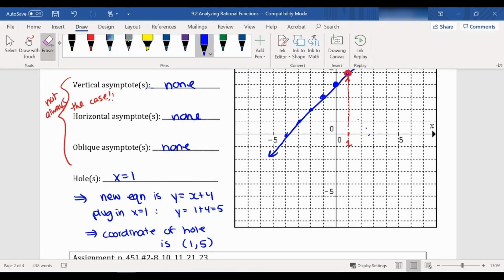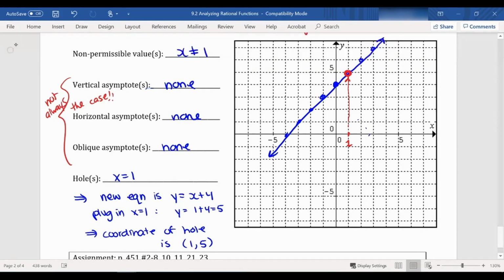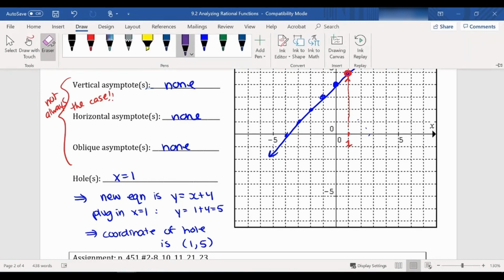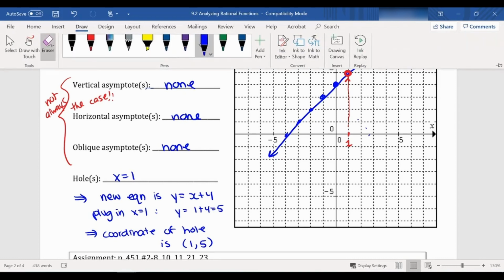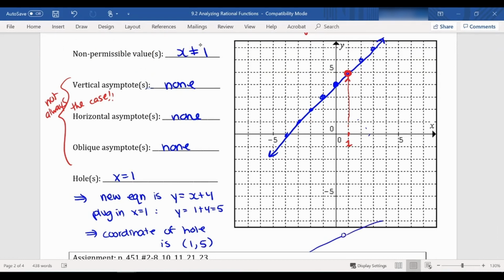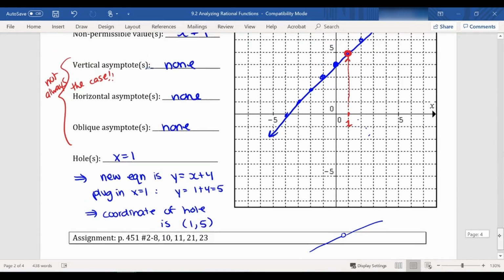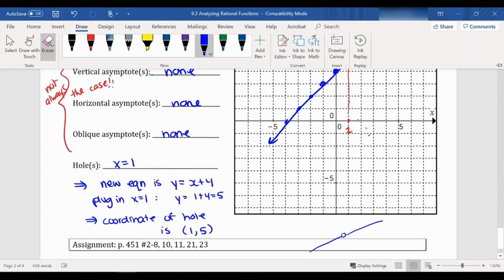Let's try one more time. My eraser's not going to work for me, but you would want to not actually have that filled in. You would want it to go like this, have a hole, and then move on. You don't want that to be filled in in any way. You want it to be very clear that there's nothing there.